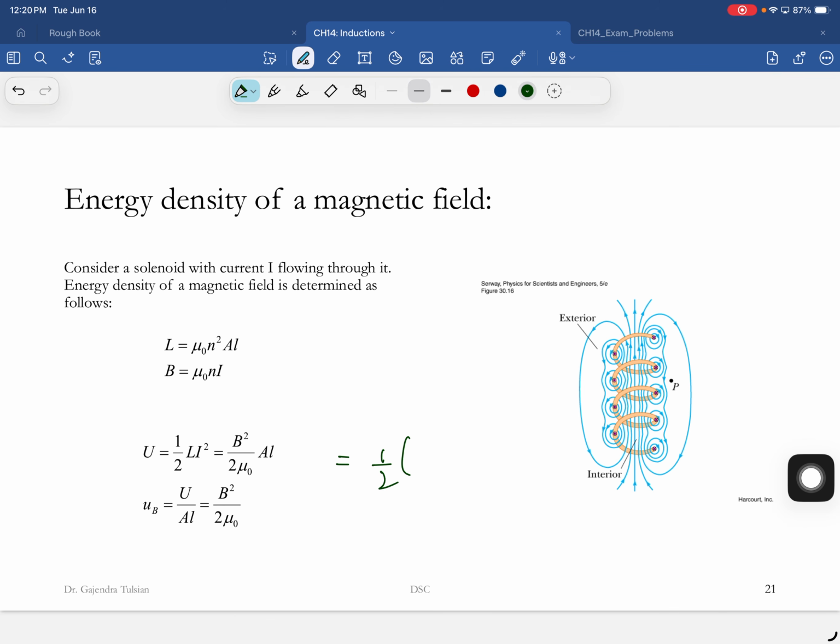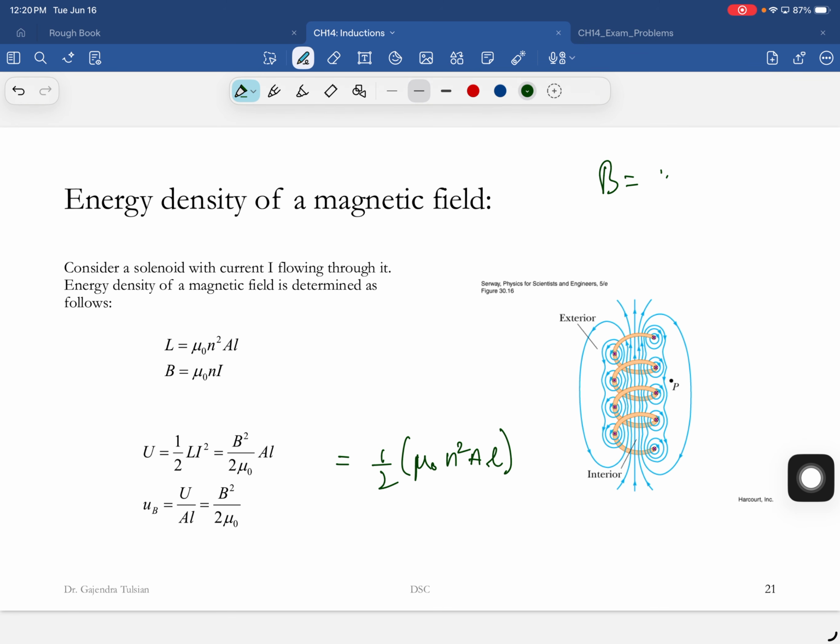1/2 L is mu naught N squared A L, and B is okay. And I squared.